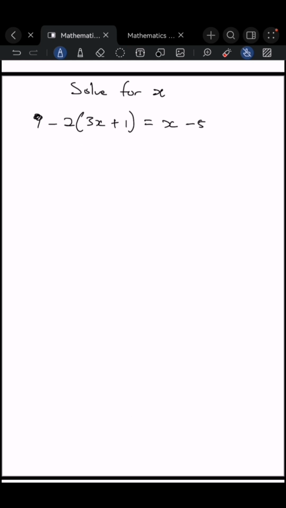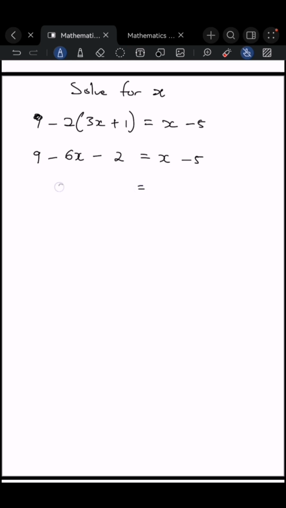Okay, here we go again with another solve for x. Minus 2 inside the bracket is 3x plus 1 is equal to x minus 5. It is a straightforward one where 9 minus 6x minus 2 is equal to x minus 5.